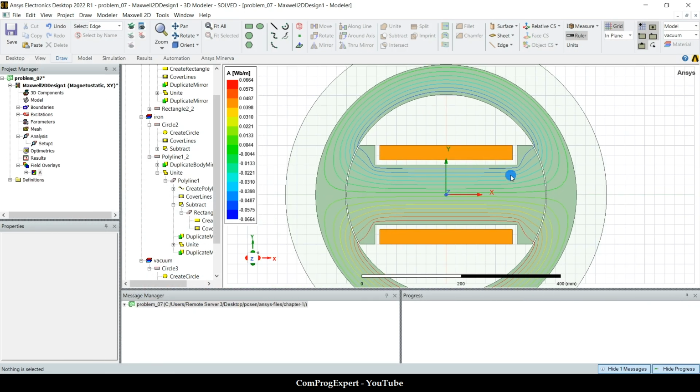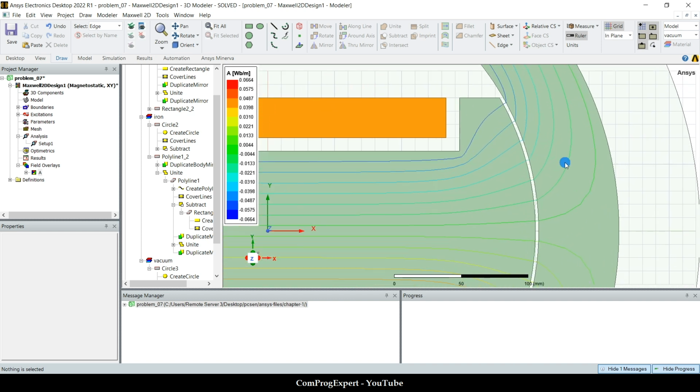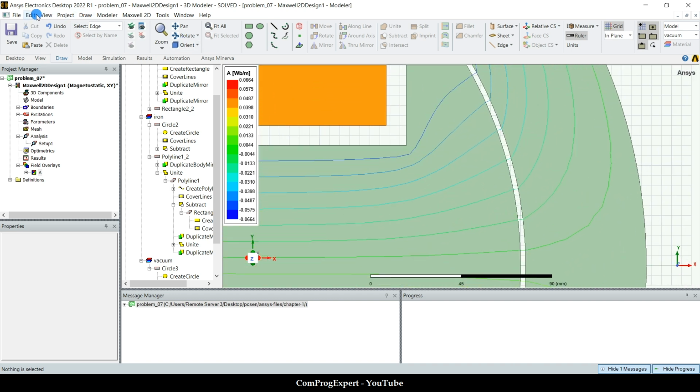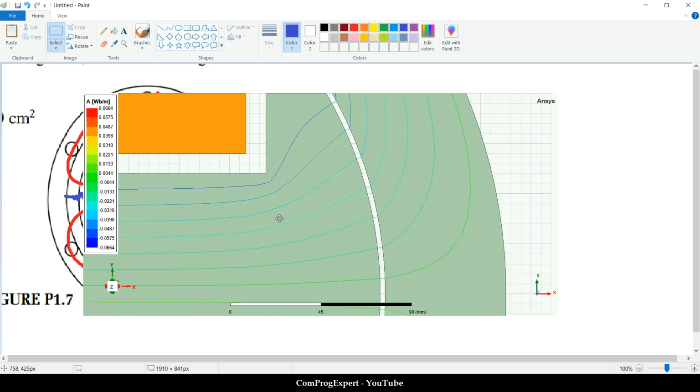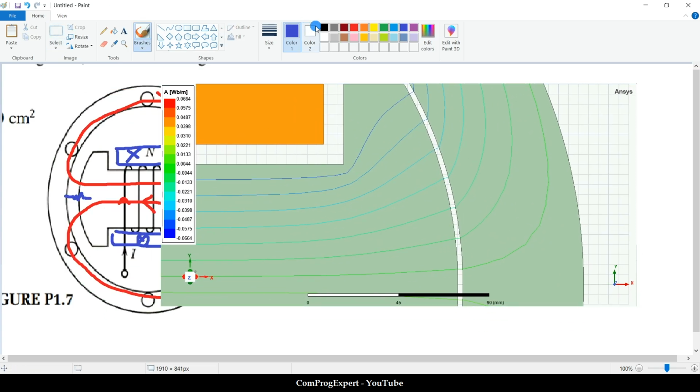So this is one air gap at this side. So I want to plot this variable. If we consider the cylindrical coordinate system, we have this B gap, the radial component. Okay, so this is the flux density vectors in air gap.